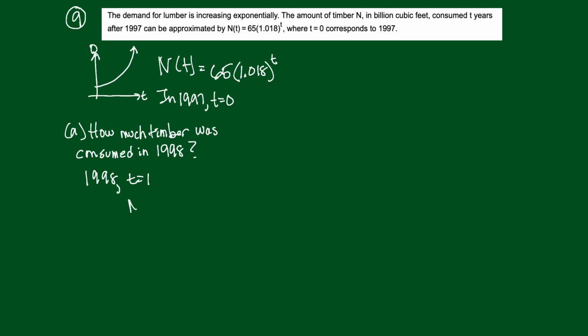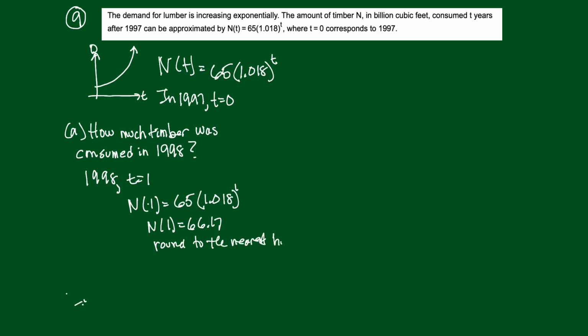So we want to compute N of 1, and that's going to be 65 times 1.018 to the 1. And my calculator shows that N of 1 is equal to 66.17, but we're supposed to round to the nearest hundredth.